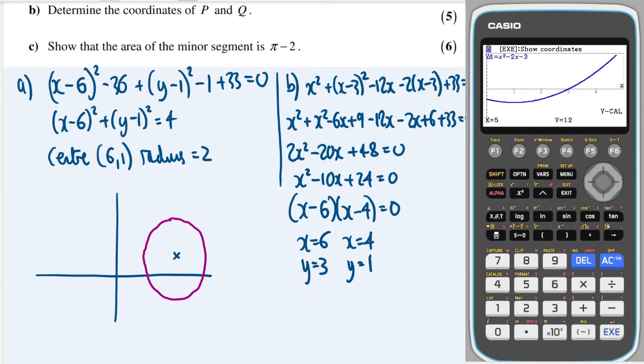It's going to cut the points at 4, 1, which will be here, and it's also going to cut at 6, 3, which is going to be here, directly above the center. So it's going to look something like that. And the minor segment is obviously this area in here.